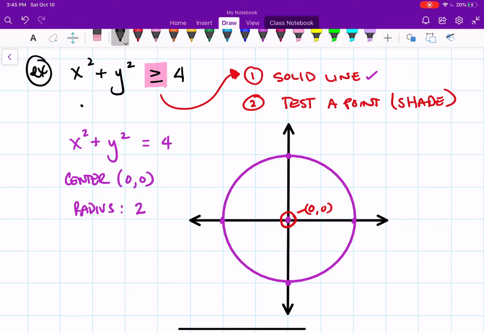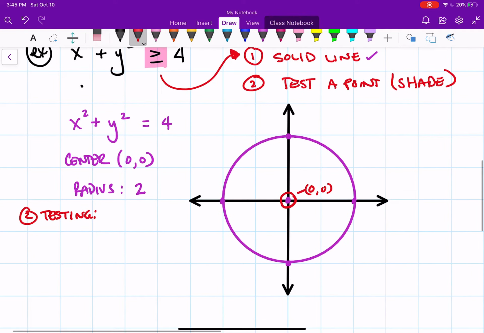So then we got to bring that back to the inequality. So testing, it's going to be 0 squared plus 0 squared. Is that greater than or equal to 4?